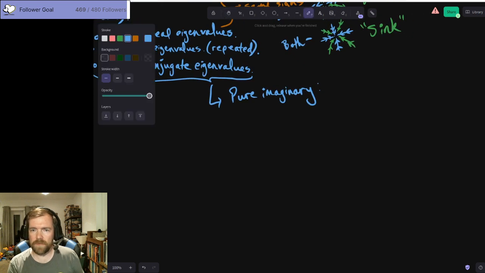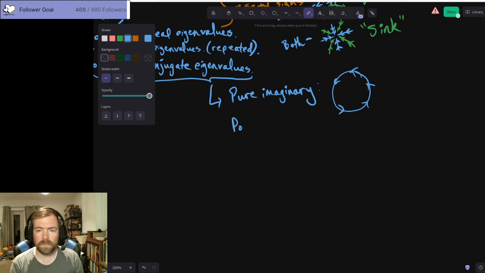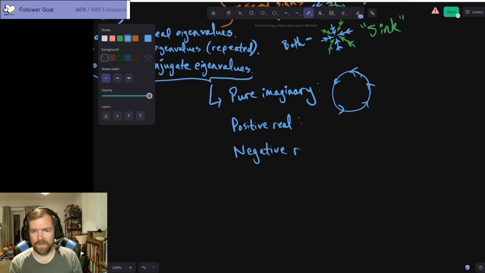Yep, so typically if we're going to get something that's pure imaginary, then we end up with some sort of circular path. If we end up with something real in it, then it does some spirally thing. The direction is going to depend on the nature of our exponential.